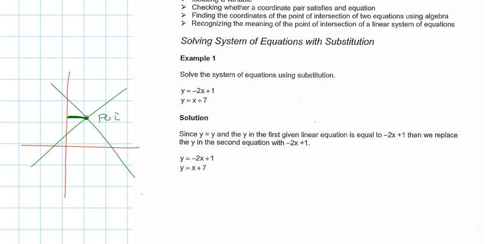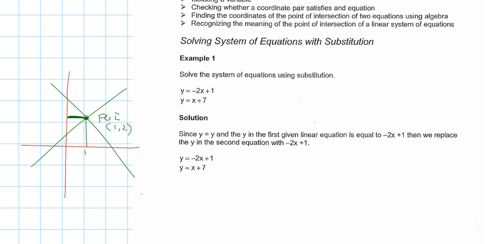So the y value right here, let's say this is 1, 2, just to give it a number, that 2 is for both lines, yes? Both lines are equal to 2 at this point, yes? And then both lines have the same x value, which is 1, yes? That's the only point that both lines have in common, which is 1, 2.